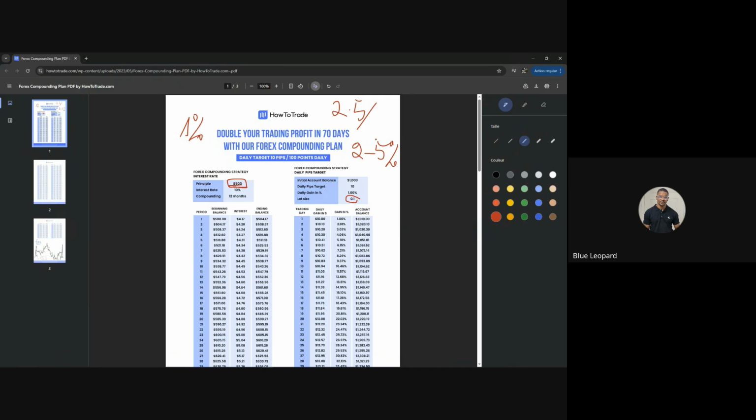And then when you trade, every time you make a profit, you just reinvest it. So with 2.5 R, if you trade, let's say, 2%, you will make 5% every time. Okay? And if you risk 4%, you'll make 10% every time.